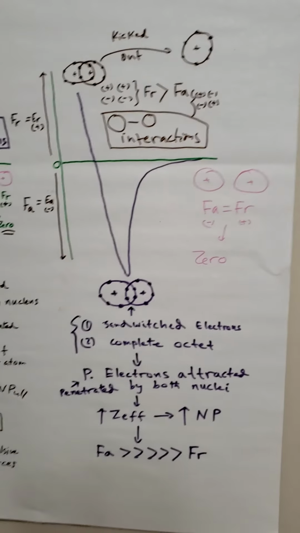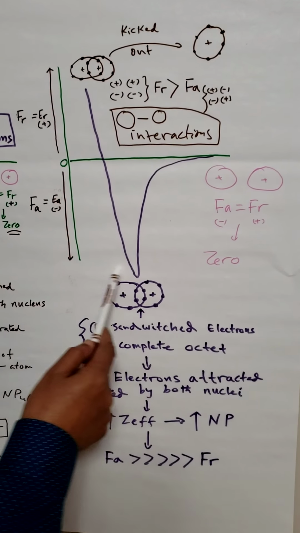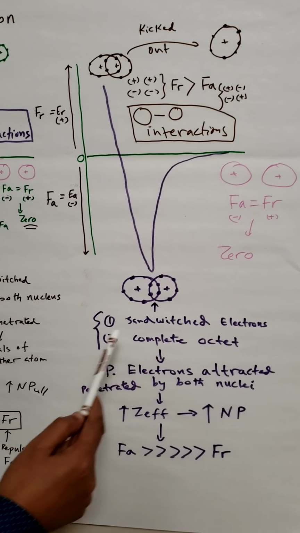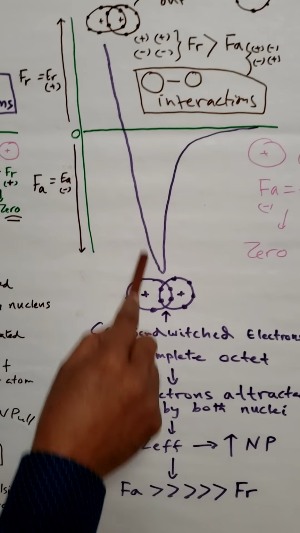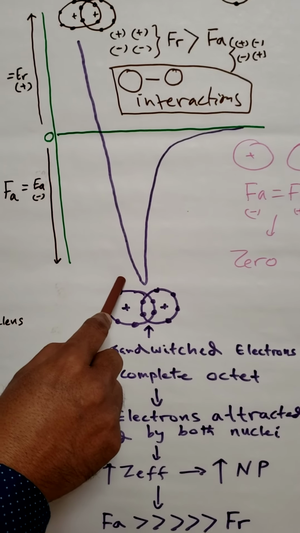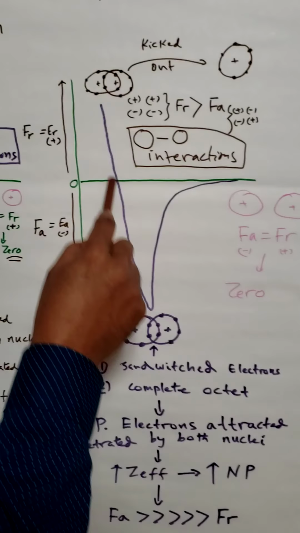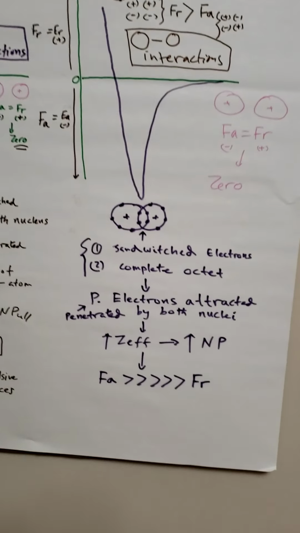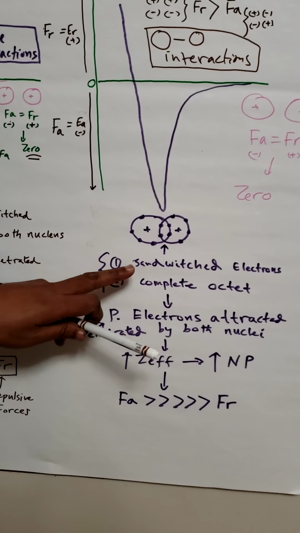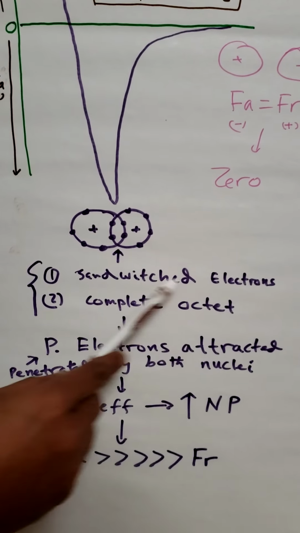You see the oxygen, when the orbitals of oxygen overlap, you have a very drastic fall of energy, right? So why is this happening? Here you have to consider two factors. Number one is sandwiched electrons.